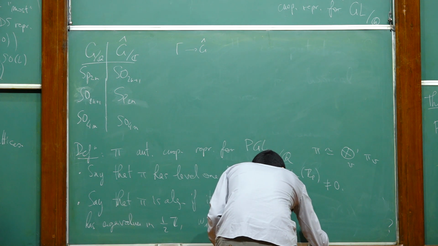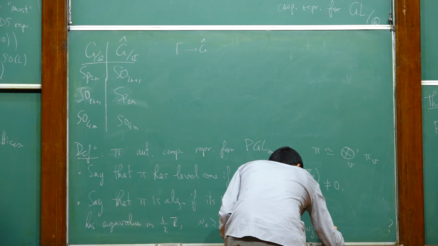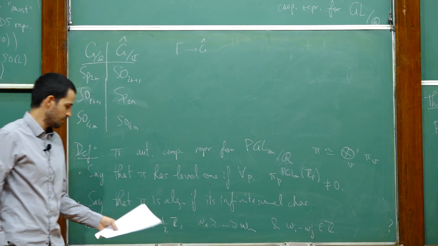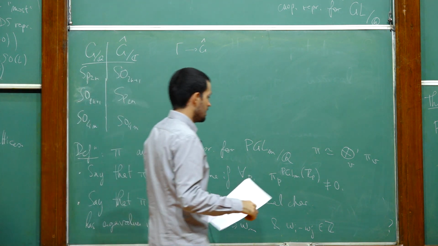We want them actually to be integers up to twisting, so the difference should always be in Z, so they're either all integral or all half integral.